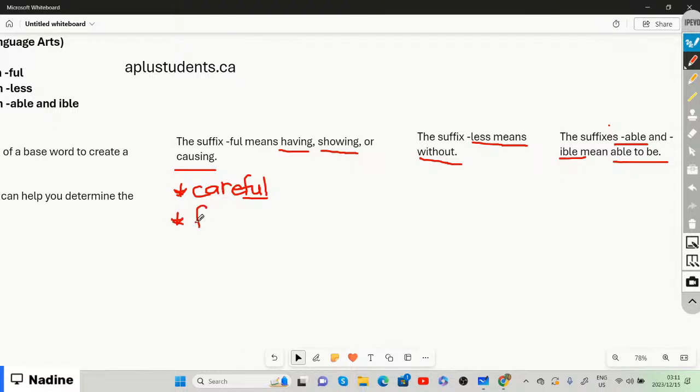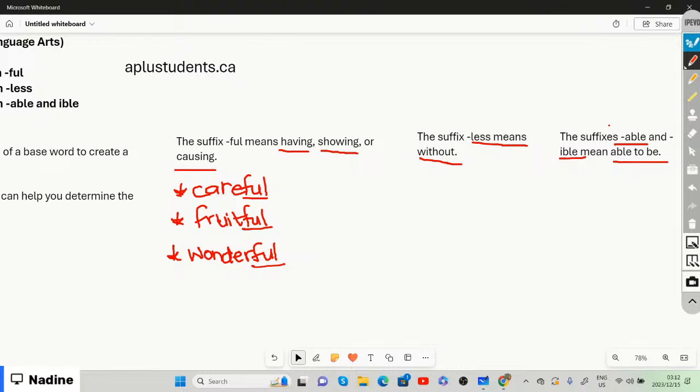Another word is fruitful. Another word could be wonderful. It's when you're full of wonder, when it's marvelous.